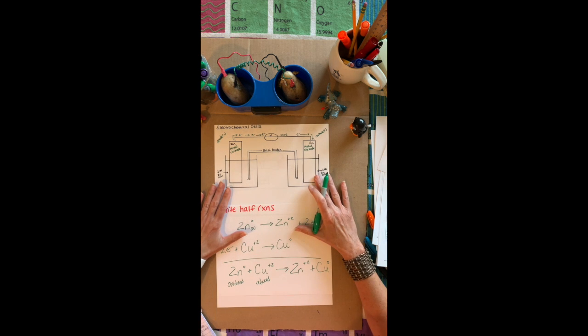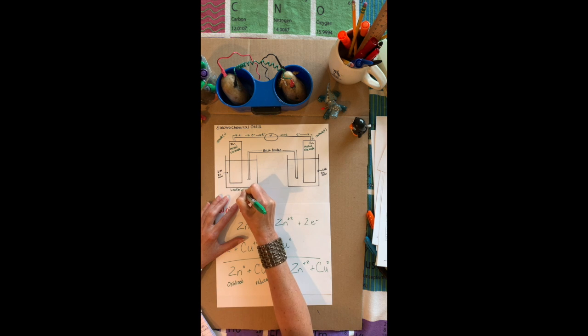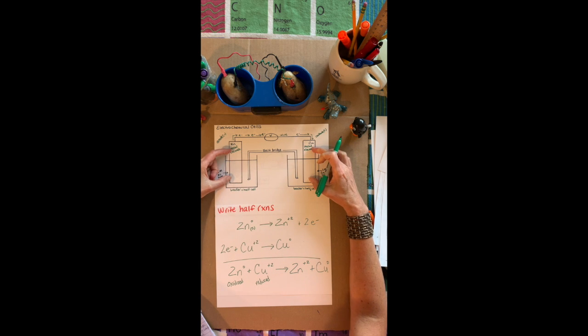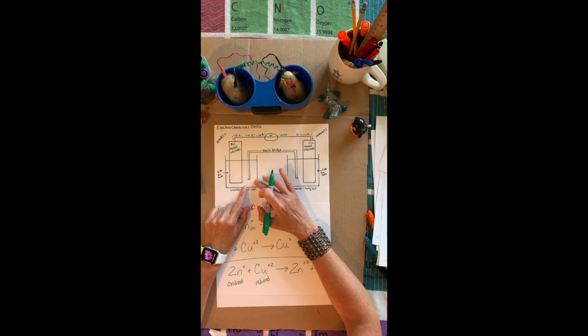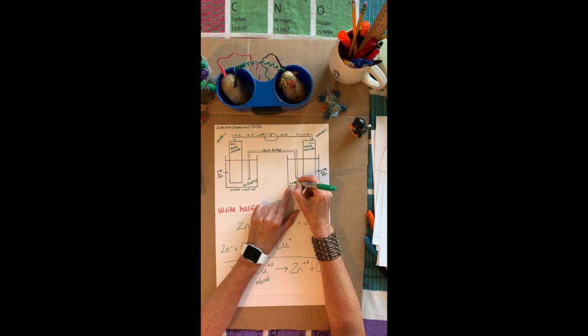So this electrochemical cell has 2 beakers, and that equals the half cell. And suspended in those beakers are these metal electrodes. Inside the beakers here are aqueous solutions of, in this one, there's zinc sulfate, and in this one, there's copper 2 sulfate.